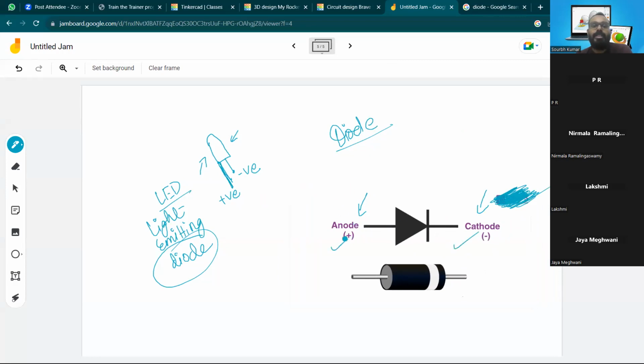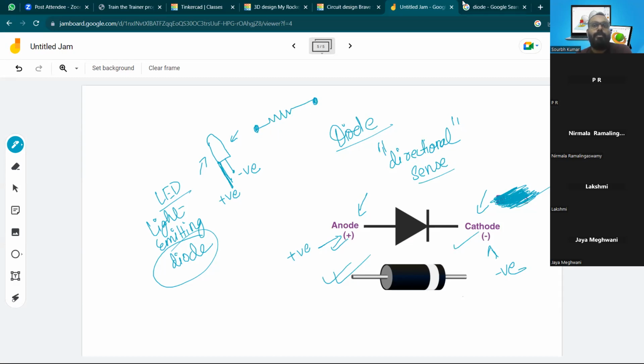That means only when this pin is connected to positive and this pin is connected to negative will this device work. This is what we call the directional sense in electronic components. So we have to maintain polarities in some components, but not all of them. A resistor, on the other hand, does not have any conditional or directional sense of connection.